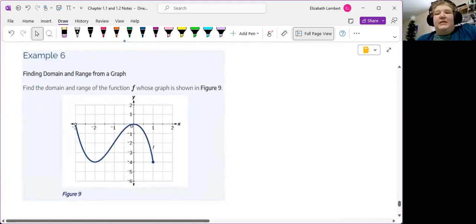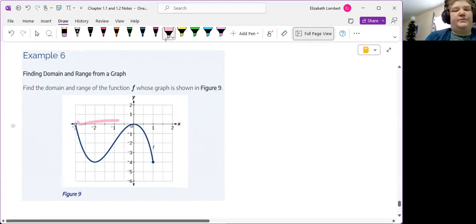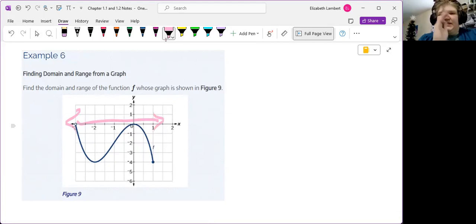Now this one's good practice, reading your graph, understanding what the graph is and is not saying. This one is just asking the domain and range of this particular picture. So domain, remember, is x values. I look at the x-axis because it's easier to read the numbers there, but I'm asking myself, where does this graph have points?